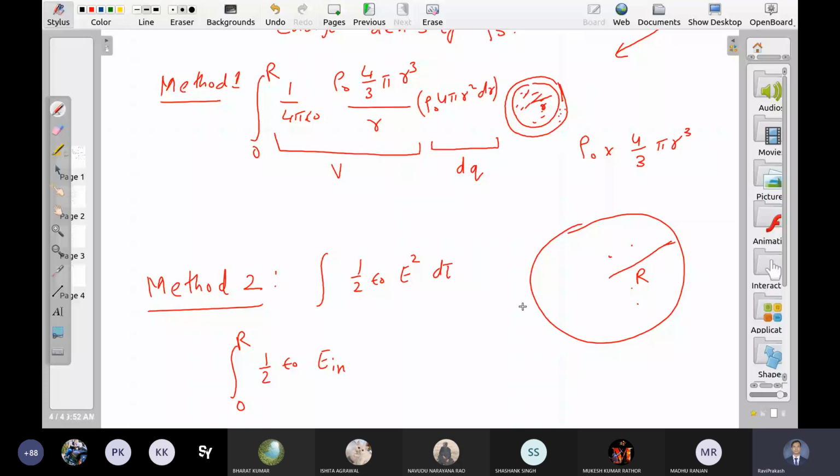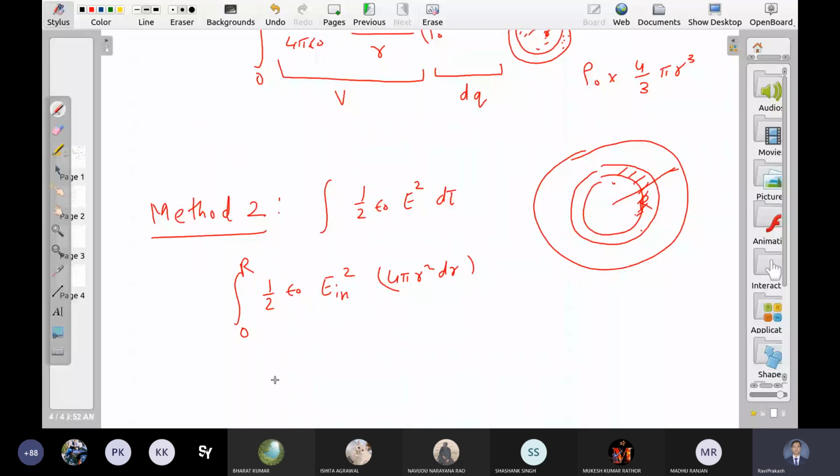This is small cell. सभी जगह इलेक्ट्रिक फील्ड सेम होगा, so you can take it this cell. Plus outside also. Outside भी लेना है आपने. Half epsilon naught E out square 4 pi r square dr. Okay. So this method 2 and method 1 must give you same answer.